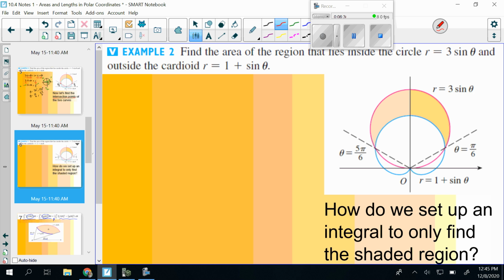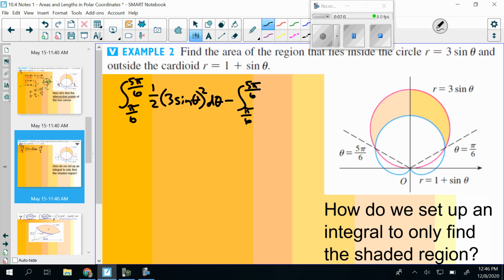So let's start with our first integral for our area. We want to do the integral from pi over 6, which we just found was one intersection point, to 5 pi over 6, of 1/2 times our radius, 3 sine theta, squared d theta, minus, and now our second integral, same thing, from pi over 6 to 5 pi over 6 of 1/2.